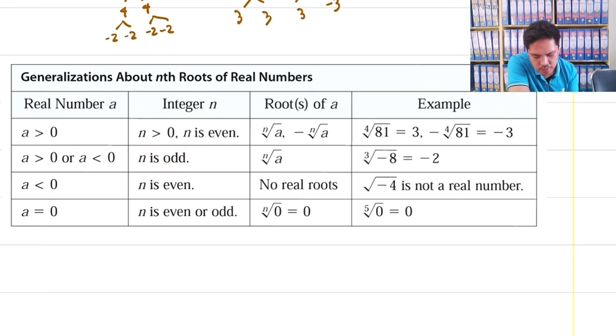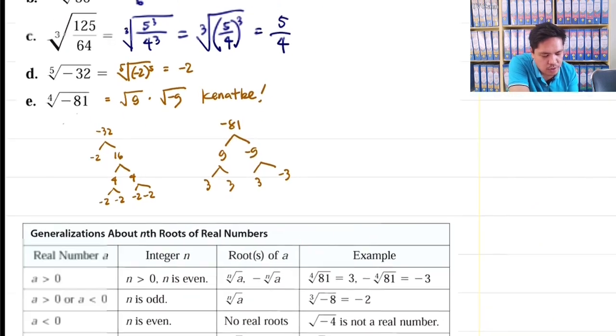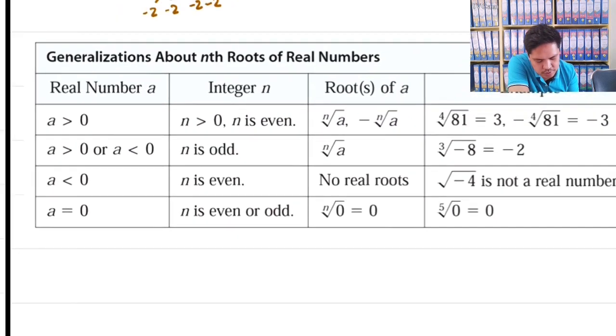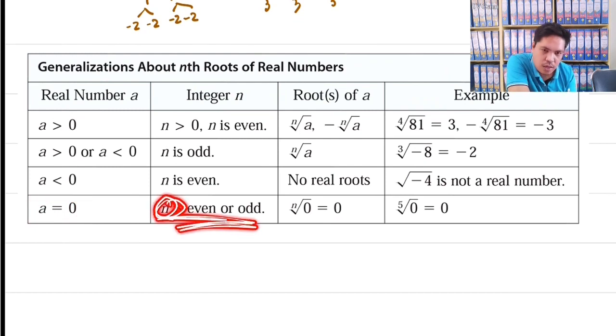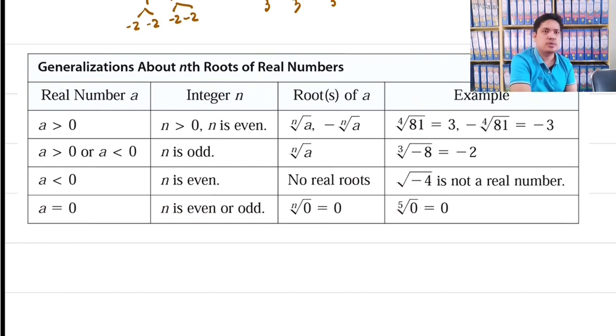So, eto din naman, if the radicand is negative and n is even, di siya pwede. Cannot be siya. And ito naman, if the radicand is 0 and n is even or odd, the result is still 0. Or the nth root of 0 is still 0.